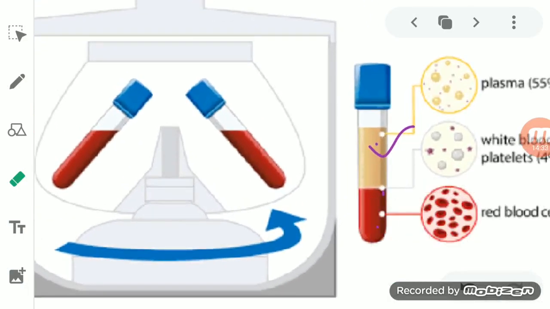Okay, plasma is a colorless liquid, so it will remain on the upper surface, while the white blood cells, which are a little bit heavier than the plasma, will be present in the middle, and the red blood cells, which are the heavier ones, get coagulated and settle at the bottom.